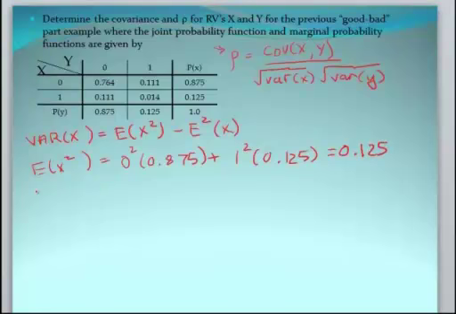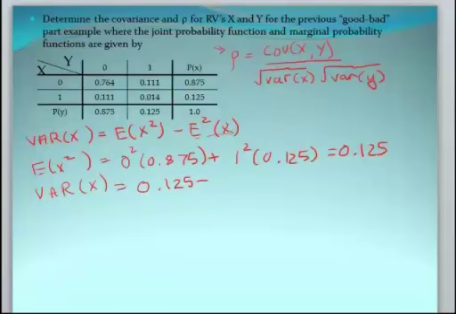So then we can calculate the variance of x. We're plugging into this formula right up here. It's going to be the expected value of x squared, which is 0.125, minus the squared expected value.